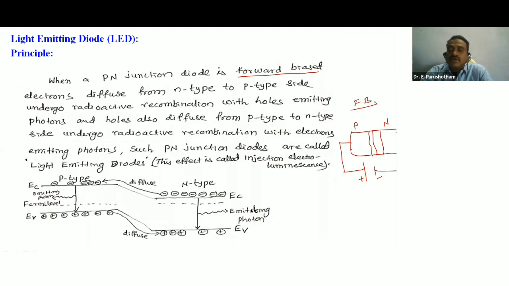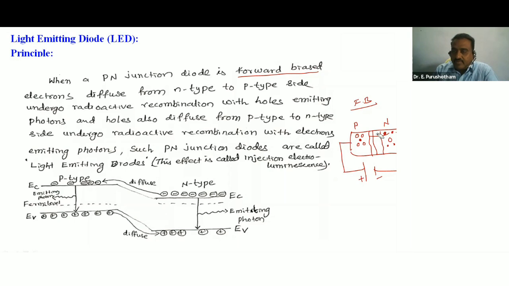FB, forward biased. In the p-type semiconductor, the majority charge carriers are holes and the minority carriers are electrons. In the n-type semiconductor, the majority charge carriers are electrons and the minority carriers are holes.